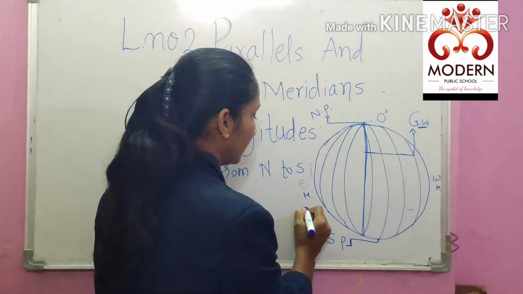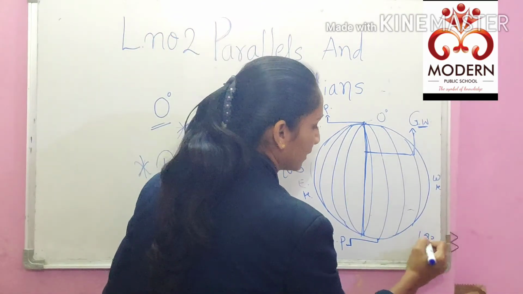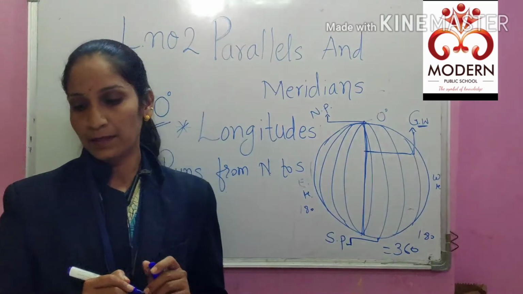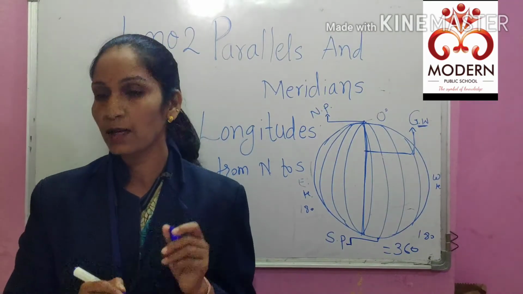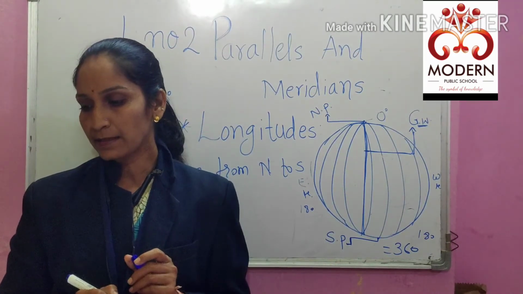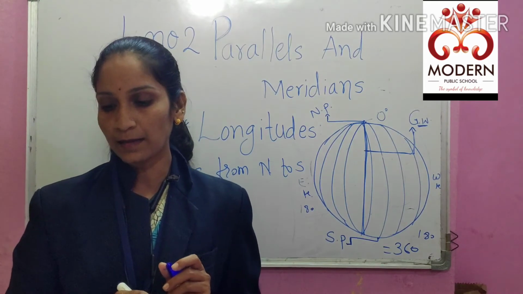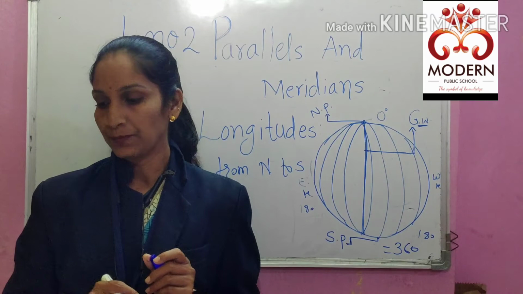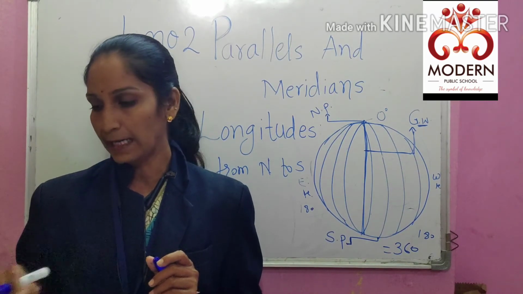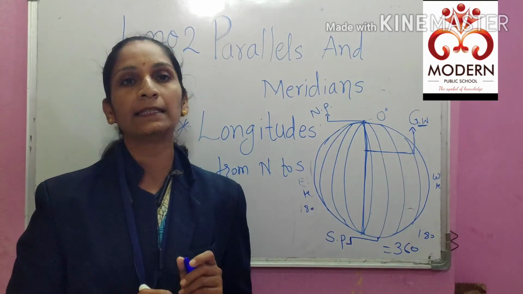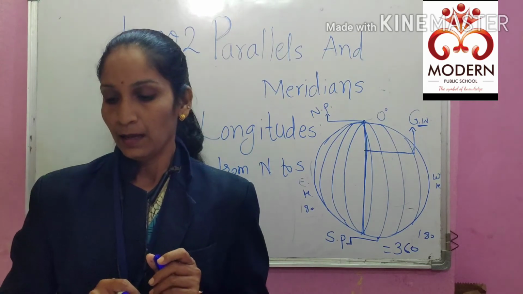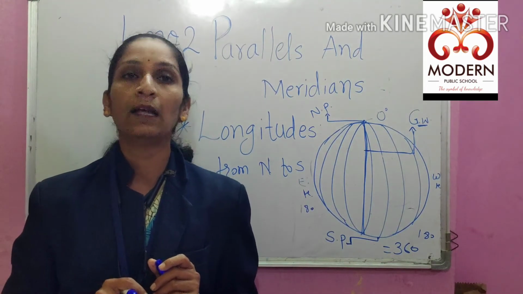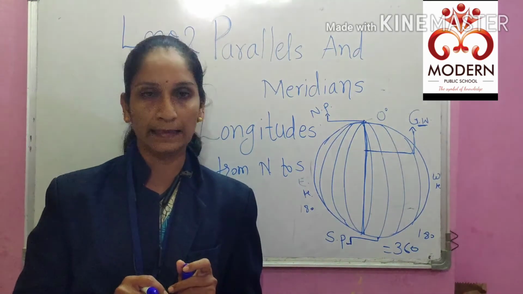The meridians to the east are marked E and those to the west are marked W. The 180 degree east and 180 degree west meridians form the same line, known as the International Date Line.